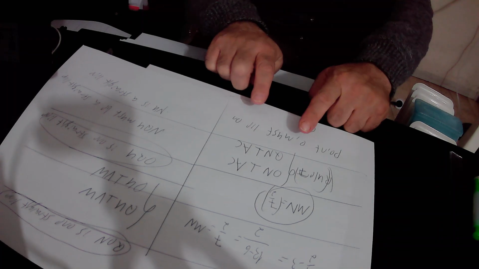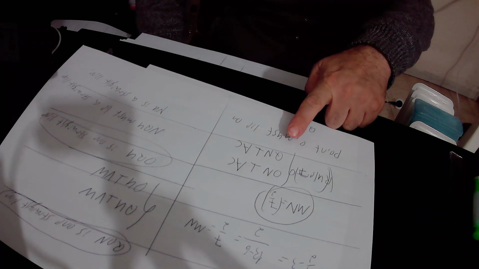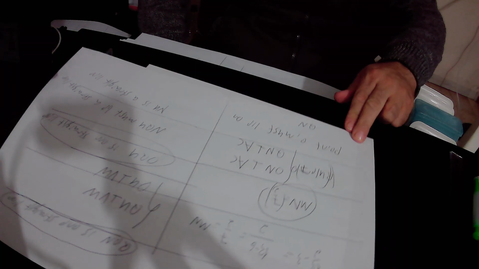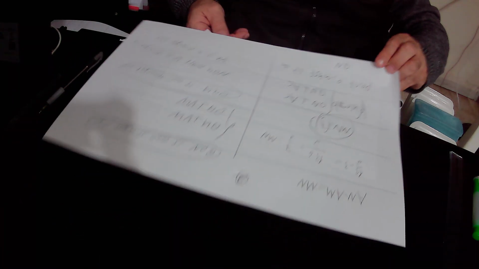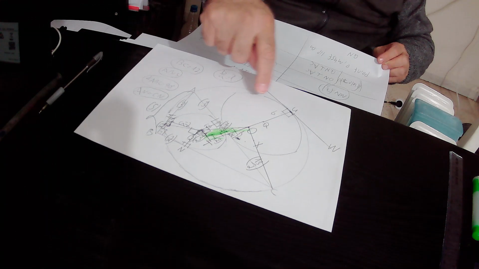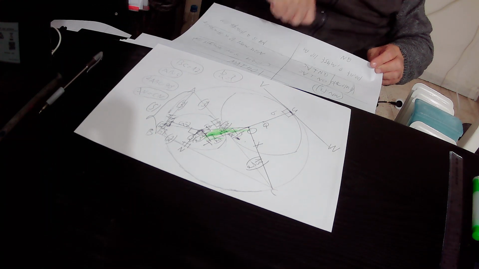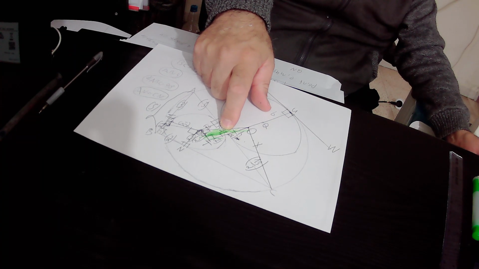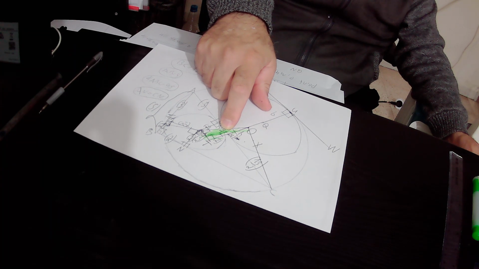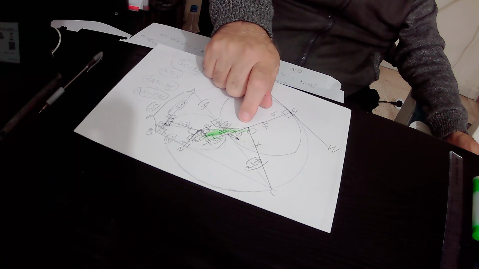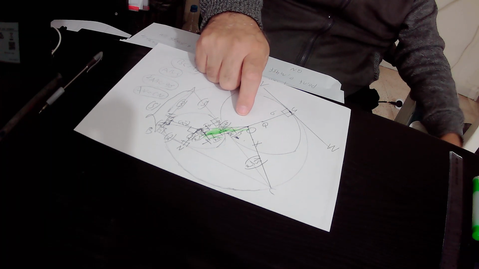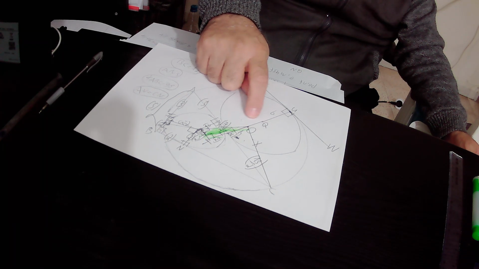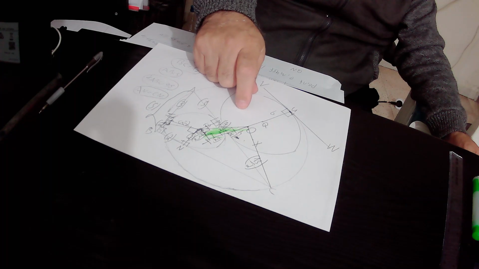And from those two equations, ON is perpendicular to AC and QN is perpendicular to AC, we derive that point O must lie on QN. This is point O, that is the center of the bigger circle. This point O must lie on this radius QN. Otherwise, if point O doesn't lie on QN, wherever you put point O that is not on QN, it will not create 90 degrees with AC.